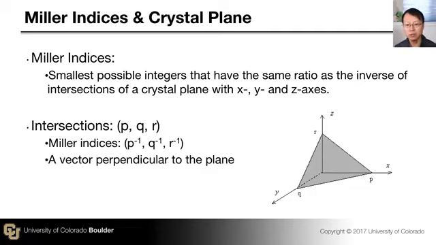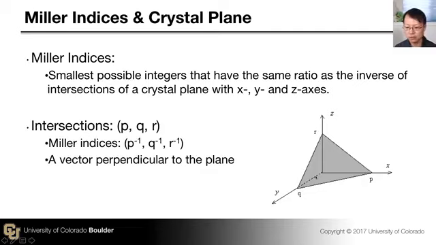Now, in order to do that, we use Miller indices, and Miller indices are basically the vector perpendicular to the plane. So, in order to find Miller indices, you first identify the intersection of the plane with the crystallographic axis.